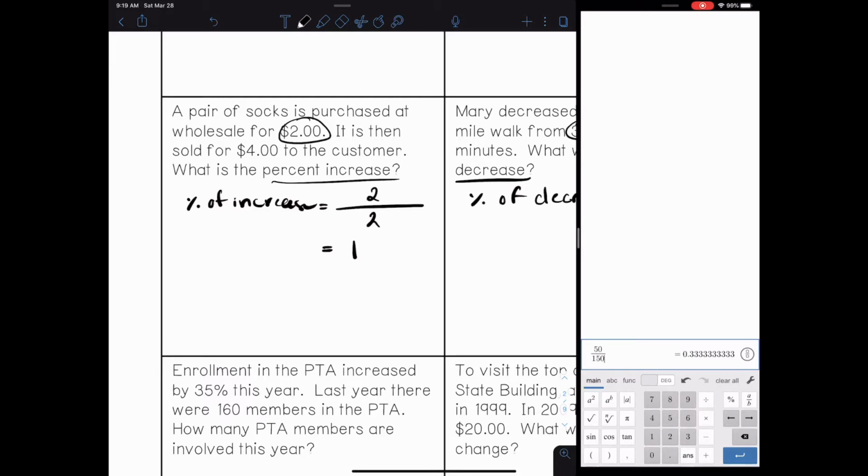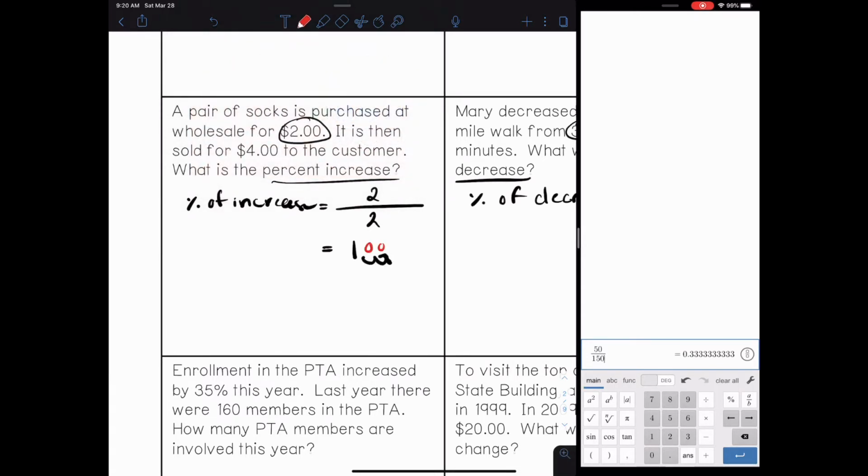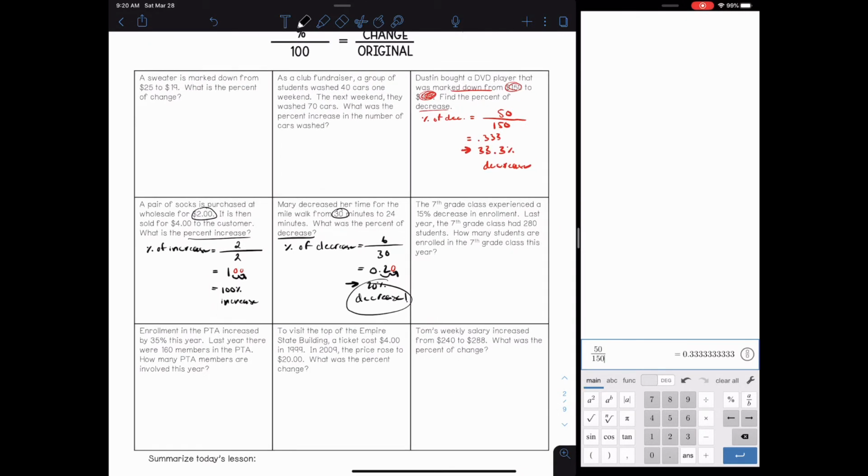And 1 as a percentage, we'll take that decimal, move it to the right twice, once, twice. Fill in any gaps with zeros. And it's going to be 100% increase because the price went up. 100% increase. All right, so that was that one.